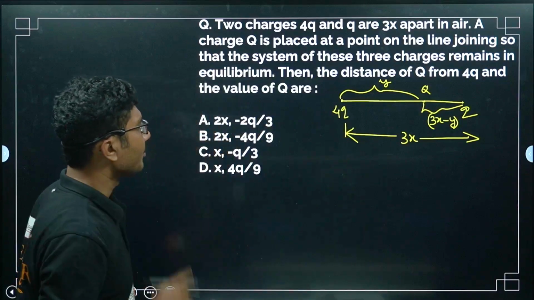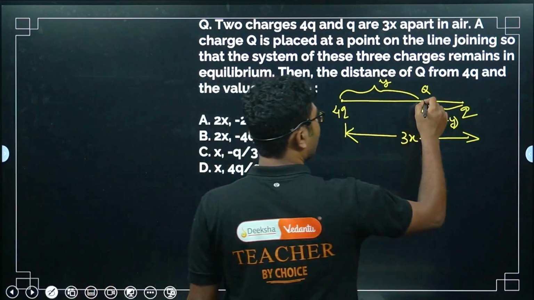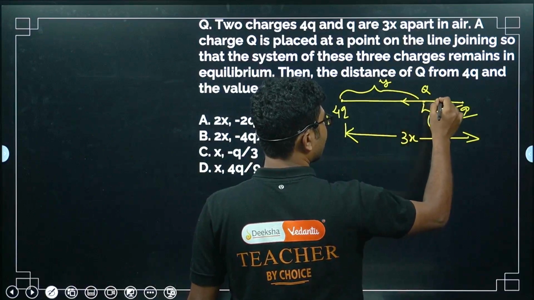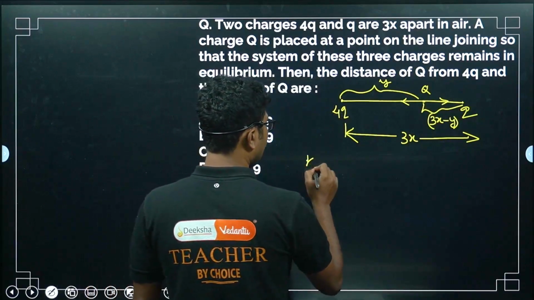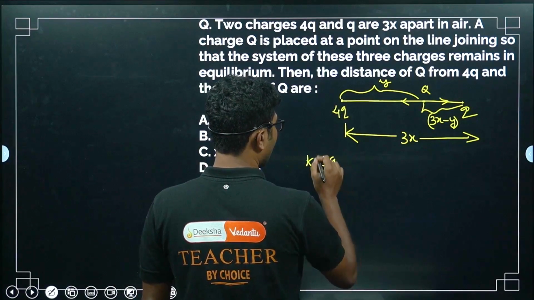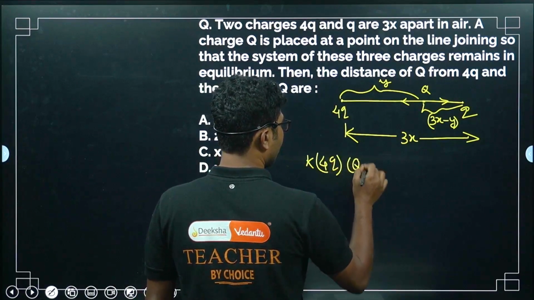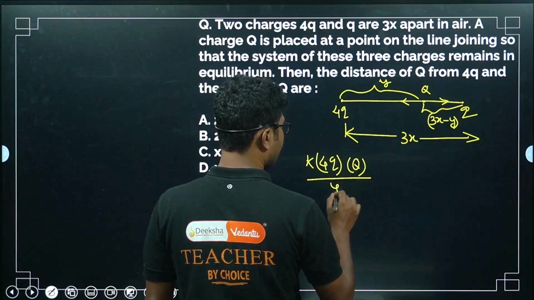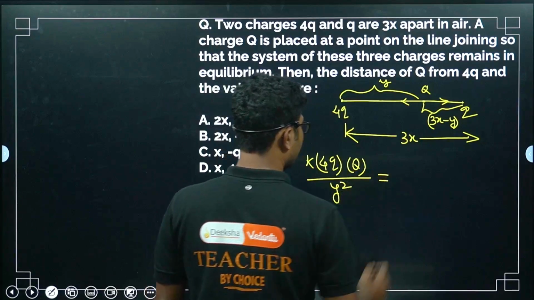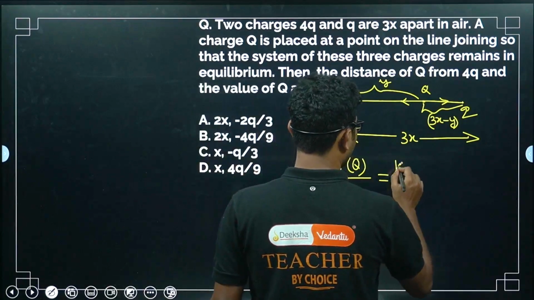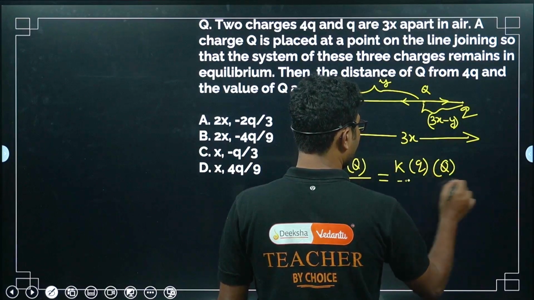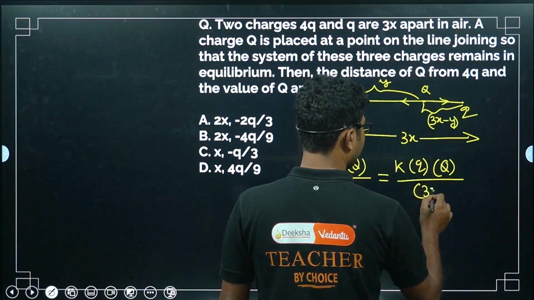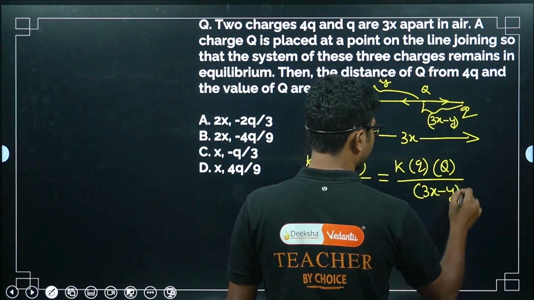Now what do we have to do? We have to apply Coulomb's law for this charge Q first. Whatever the force acting on this charge from both sides, that should be equal. So K 4Q capital Q divided by y square equals K small q capital Q divided by 3x minus y whole square.